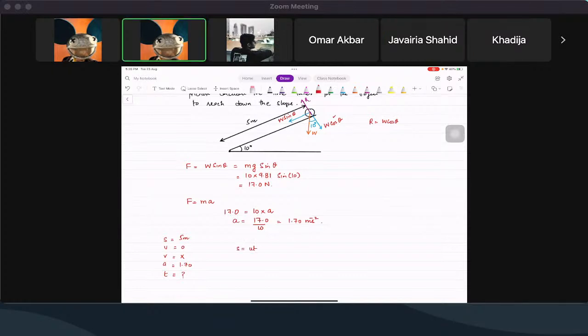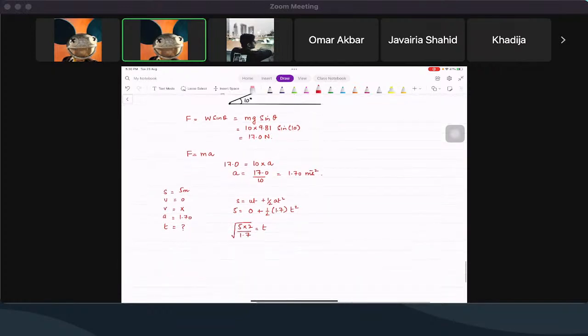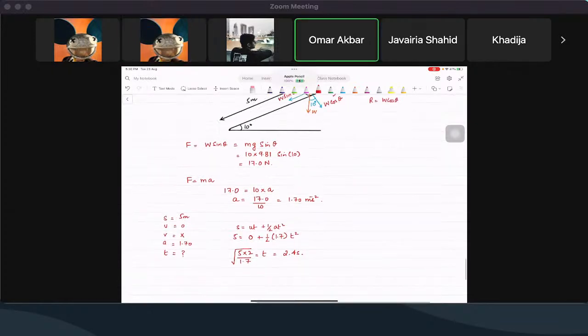S equals ut plus half at square, because it does not have final velocity in it. So displacement is 5, this will be 0, this will be half, this will be 1.7, and this will be t squared. So t is the square root of 5 into 2 divided by 1.7, and if you work it out, it is equal to 2.4 seconds. Is it clear, everybody? Look at this and let me know if something is still bothering you.